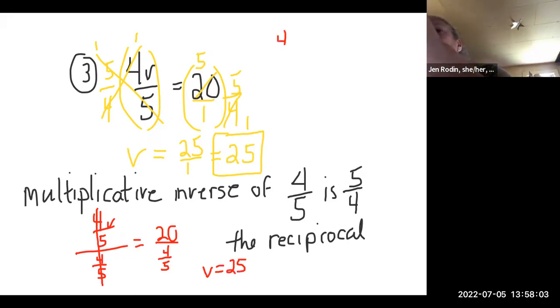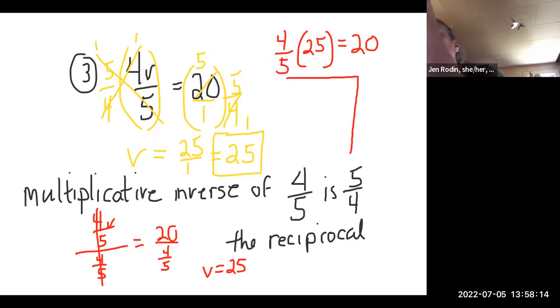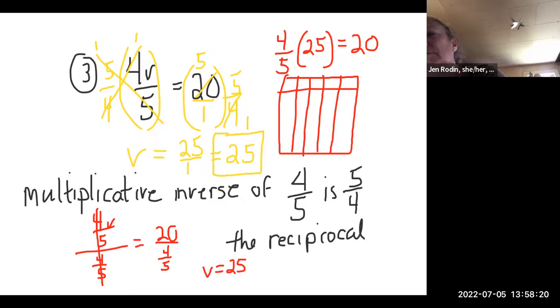And we can check with a picture too. 4/5 of 25 equals 20. Here's a picture check. Let's make a 5 by 5 square. 1, 2, 3, 4. Just bear with me. I know some people are like, stop it with the pictures. But in my grad school class, our instructor is always pushing this. So this is 25 squares.